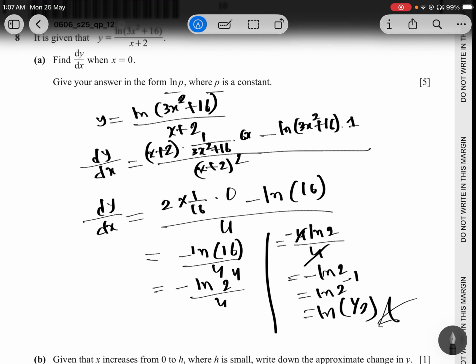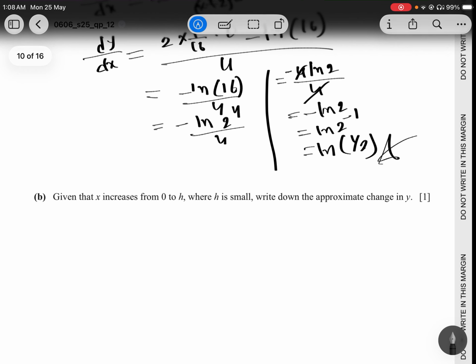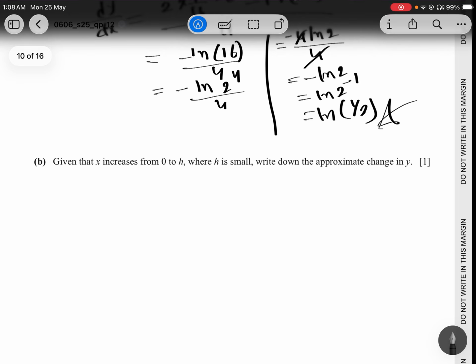Let me revise. Okay, hopefully sure. Given that x increases from 0 to h, where h is small, write down the approximate value of y. Okay, it's a 1 mark question. Delta y over delta x is dy/dx.